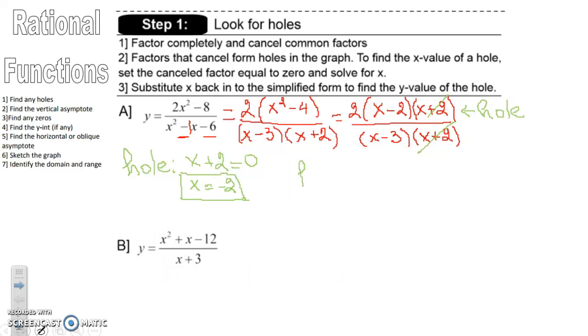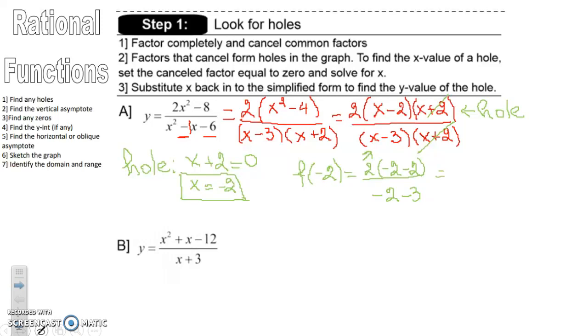We would evaluate the function at the hole's x value, f of -2, and make sure that you evaluate back into this format after you have simplified it. So that gives you 2 times -2 minus 2 over -2 minus 3.